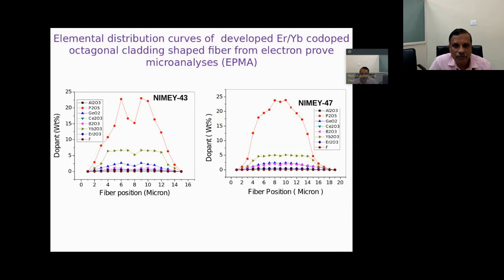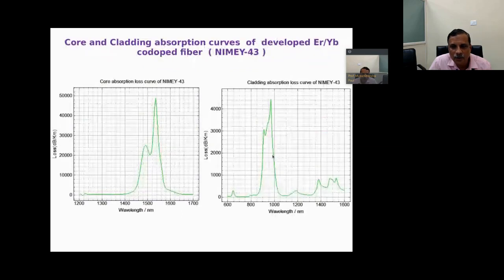And this is the EPMA curve. This is very important for the elemental distribution of the different dopants, how they are distributed along the diameter of the core. This is fluorine, erbium, ytterbium, boron, cerium, germanium, phosphorus, aluminum. This is the distribution of the different elements along the diameter of the fiber. This is very important for the performance of the fiber, from the viewpoint of uniform distribution of the different dopants along the core of the fiber.